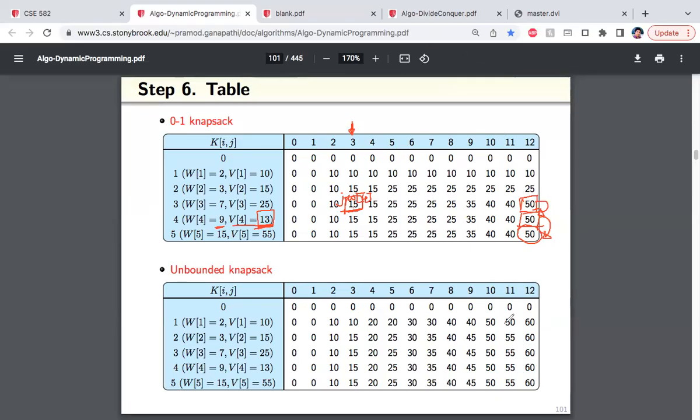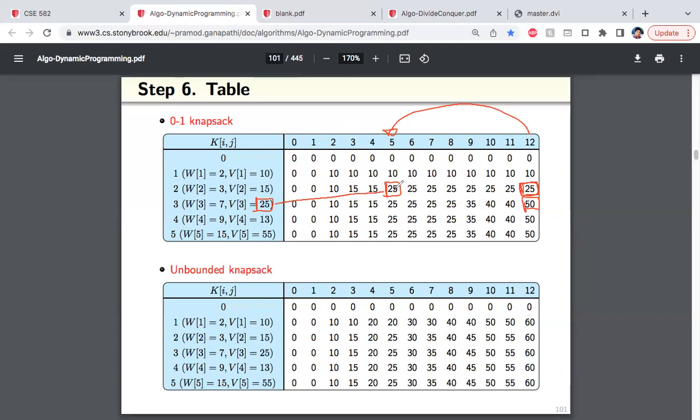Now let's think about one cell before. So how do you get 50 here? Either take this cell directly, that is i minus 1, j, or you do 12 minus 7. What is 12 minus 7? It is 5. So take the value of the third item, 25, and add it to this.